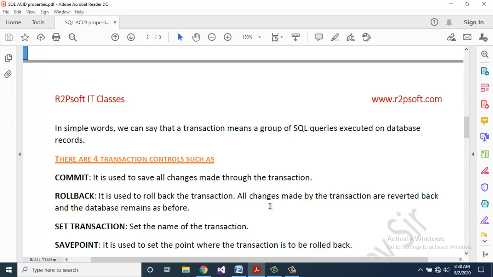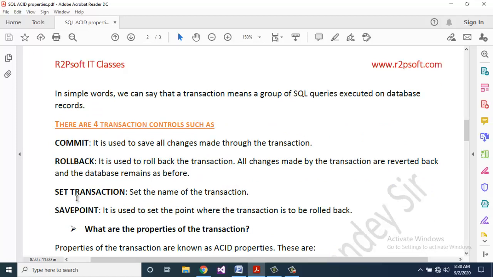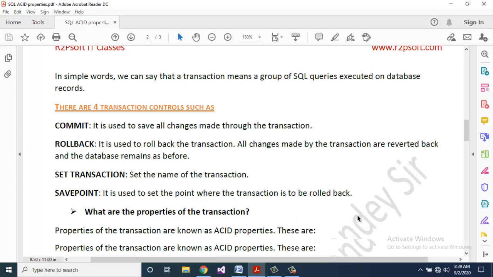All changes made by the transaction are reverted back and the database remains as before. Set transaction. Set the name of transaction. Save point. It is used to set the point where the transaction is to be rolled back.